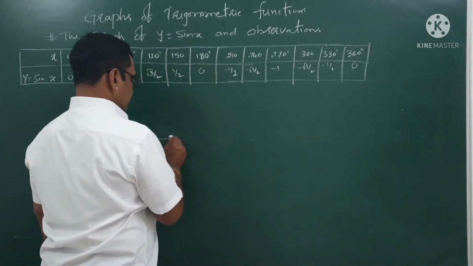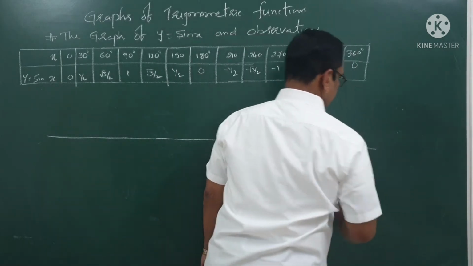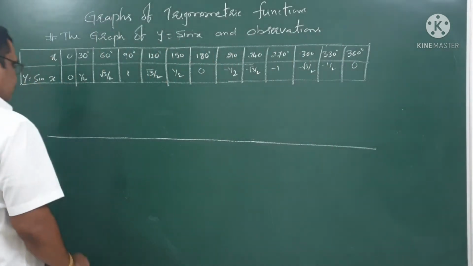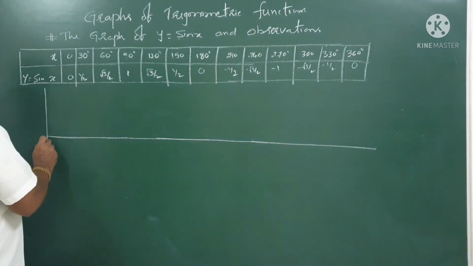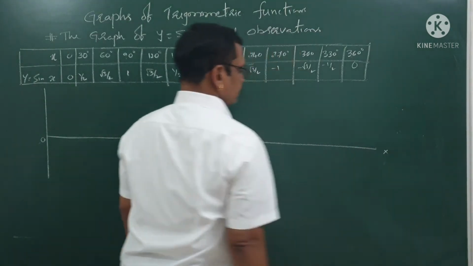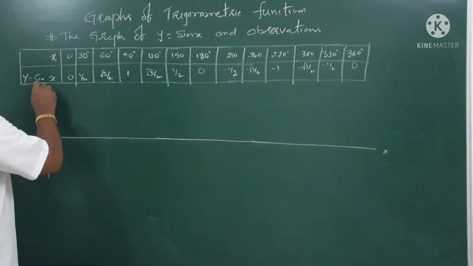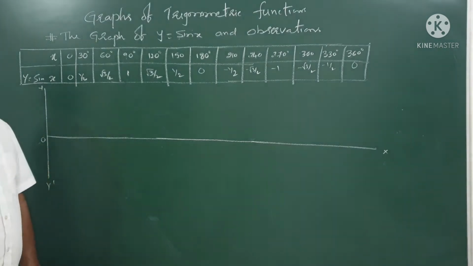I am not a drawing master, so my straight line is not straight. Let us assume that this is the x-axis, this is the y-axis, 0, this is the positive x-axis, and this is y, and the negative y-axis. First, let us start from 0.